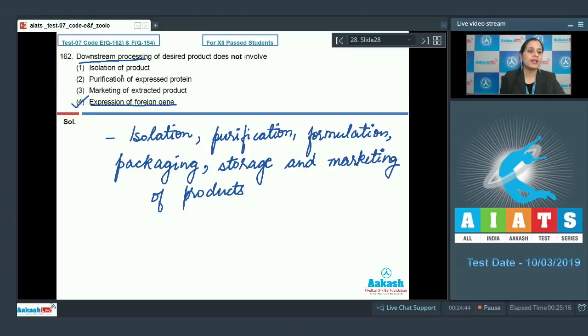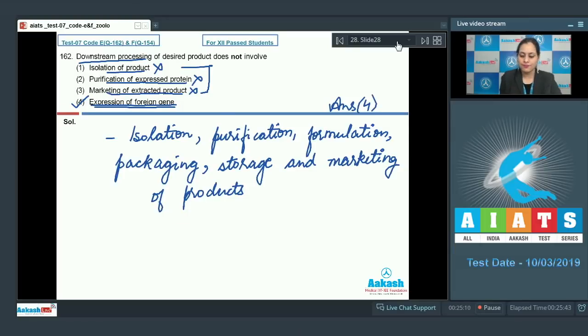So option number 1, isolation of product, is an incorrect option. Option number 2, purification of expressed protein, is an incorrect option. And option number 3, marketing of extracted product, is also an incorrect option because these are the steps involved in downstream processing. Whereas the fourth option, expression of foreign gene, is a step of biosynthesis. So the correct answer to this question is option number 4.